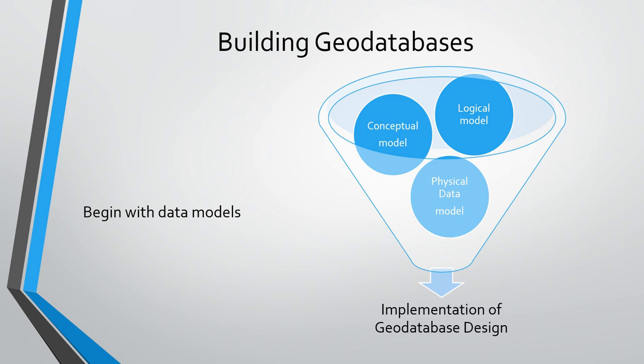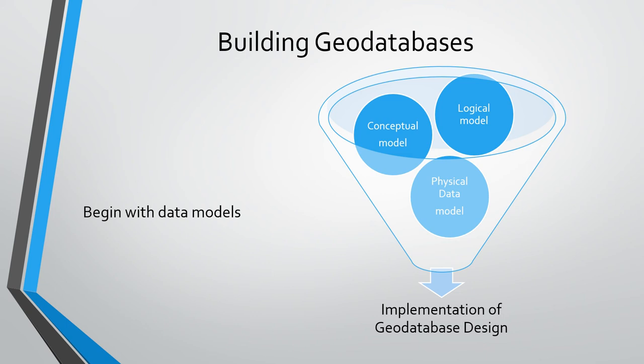Your logical model would be the way you'd like to set it up. Maybe you've got some thoughts in your head on how you'd really like for this work to flow. Your conceptual model may be you've written down some things on how you think it's going to flow, where you think things are going to go.